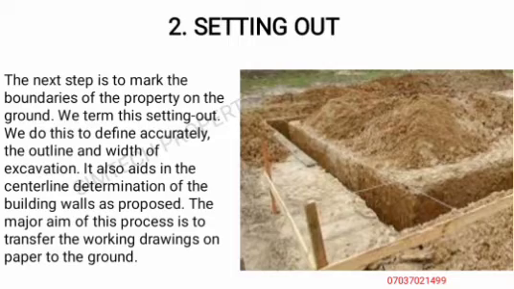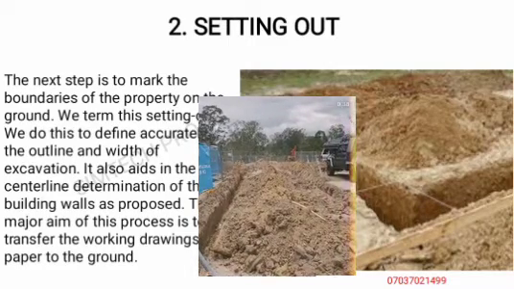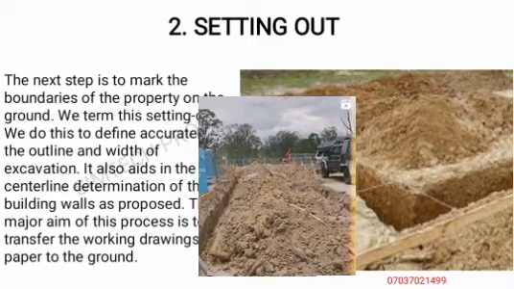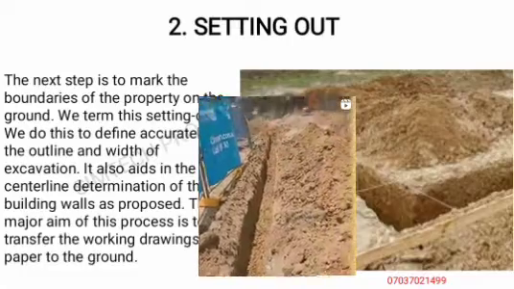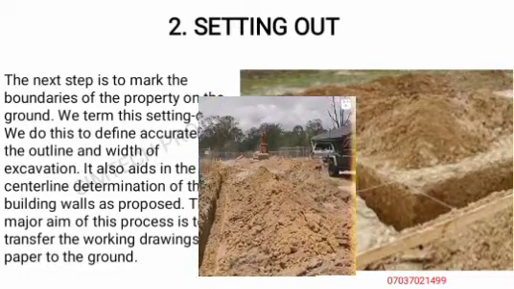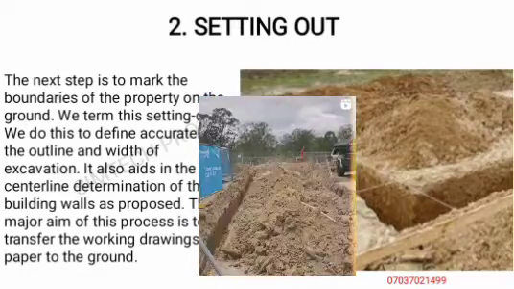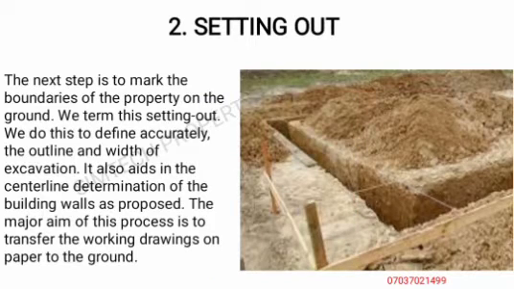Okay, then the next one is setting out. Now we do this setting out to define the outline width of excavation. It also aids in the centerline determination of building walls as proposed. The major aim of this process is to transfer the working drawing on paper to the ground.